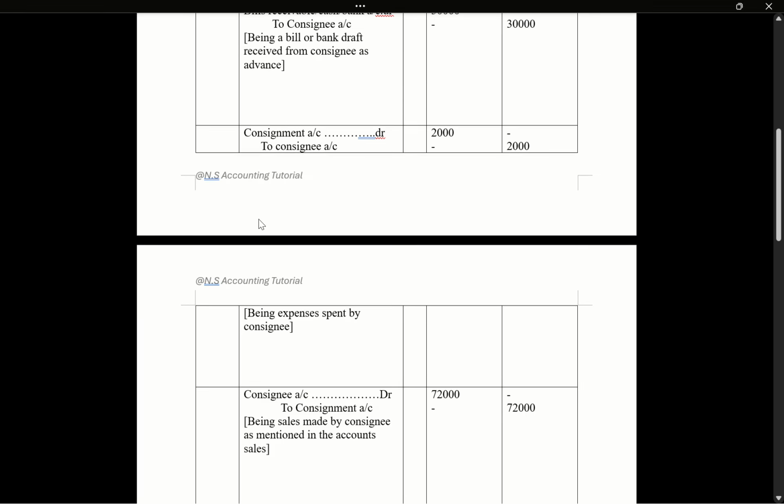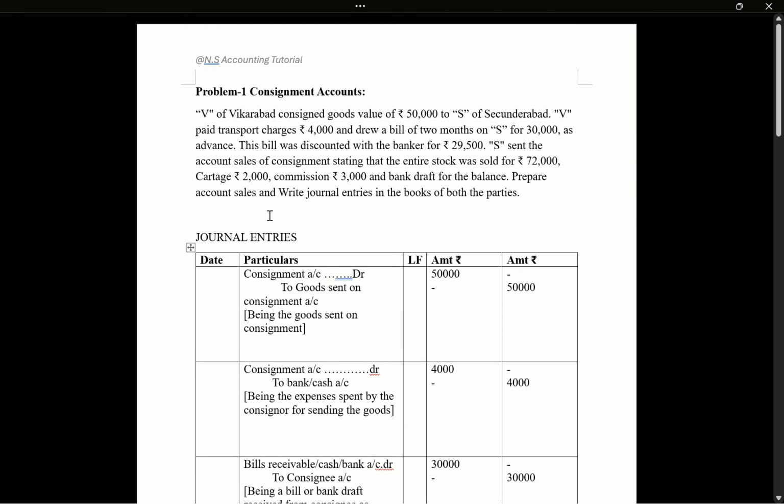Next entry we have for commission received by the consignee from the consignor. He received 3,000 commission. The entry will be consignment account debit to consignee account.